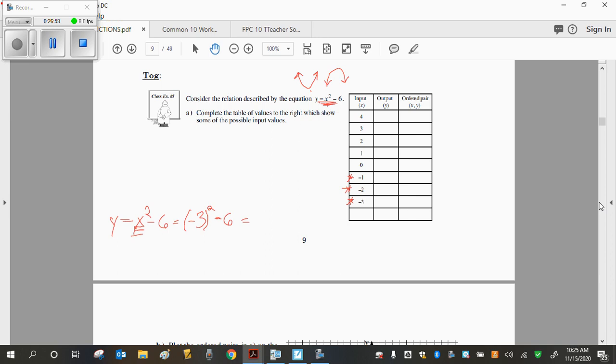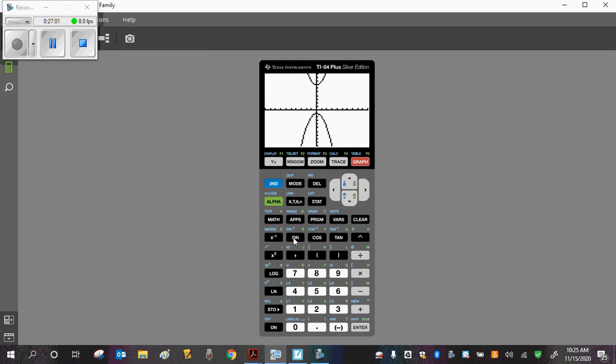And if you punch it in your calculator, let's do it on our calculator, it's bracket -3, end of bracket, squared, and I think it subtracts 6.